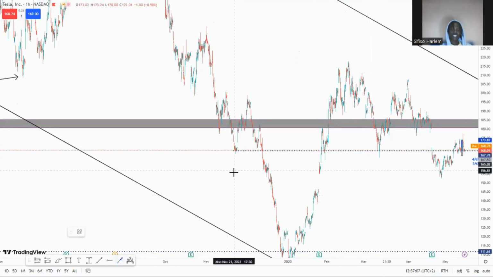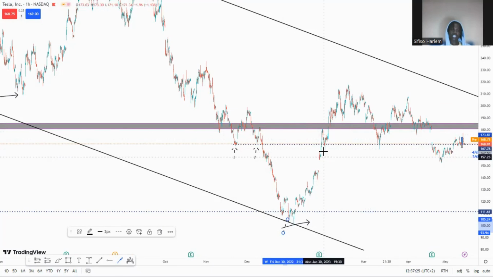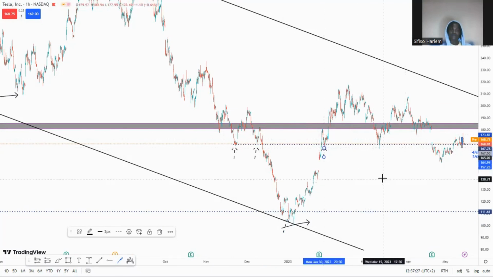Let's remember that Tesla created this zone, came back again to the very same zone before price impulsively pulled back to the downside. Then price pulled back to the upside, creating the zone again and pushing to the upside, coming back to the very same zone, boom, and pushing to the upside, right?